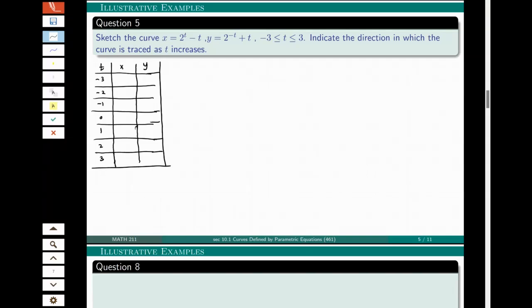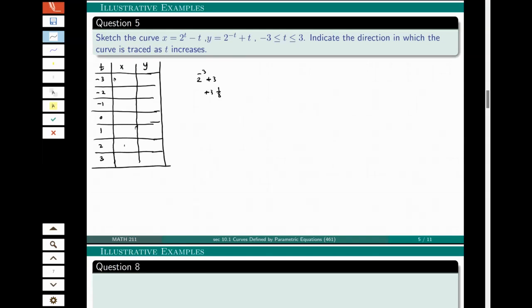Now, if I substitute minus 3, I get here 2 raised to the power minus 3, minus 3. So when we substitute minus 3, it will be minus of minus 3, which is a plus 3, and 1 over 8.